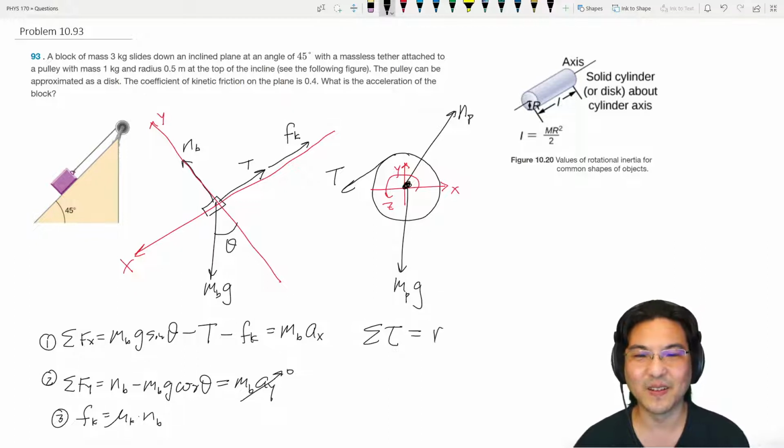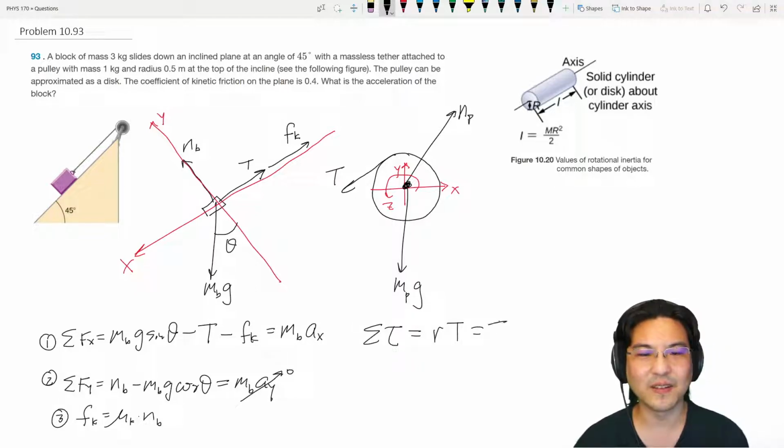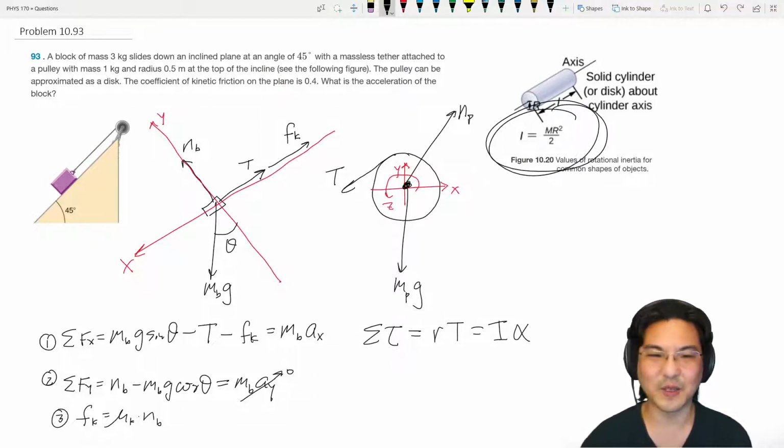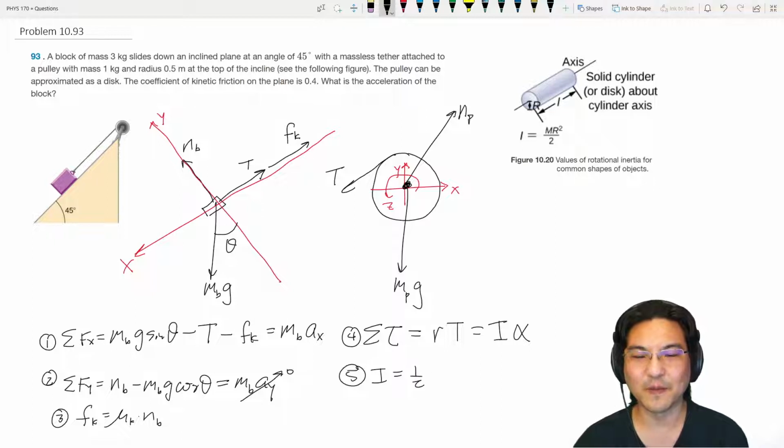So r times T. That's it. That's the only torque, which is in the positive z direction, equals I alpha. Which I is that? Right here. Let me just write it separately. Okay, this is equation 4. I is 1/2 m r squared.